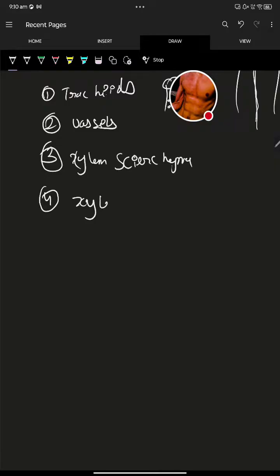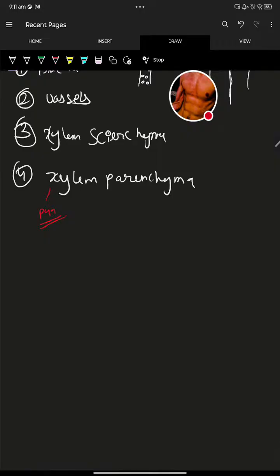So that type of parenchyma is alive, and this is your parenchyma, and this is your PYQ. So xylem parenchyma is living.